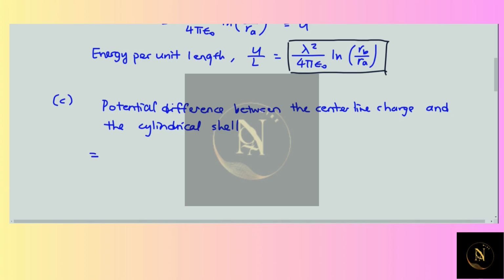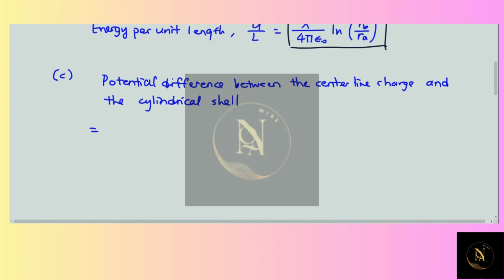This is equal to lambda over 2 pi epsilon naught natural log RB divided by RA.